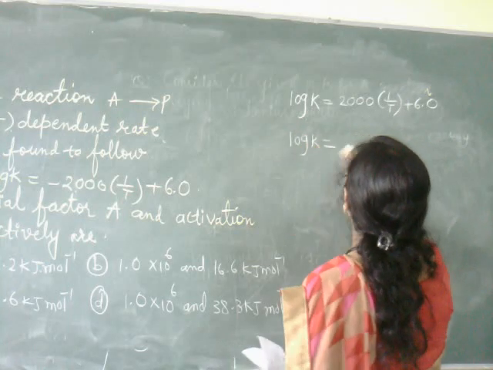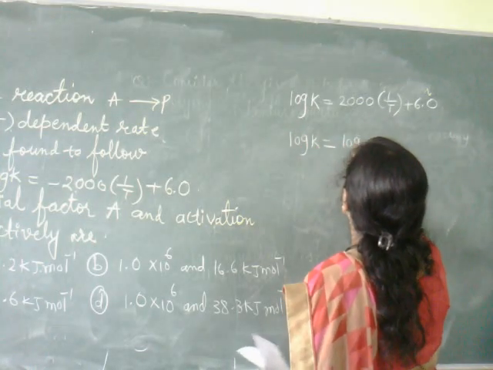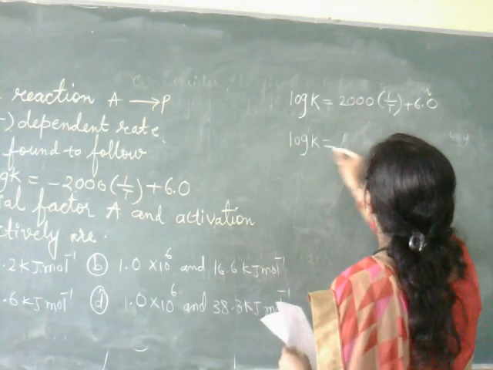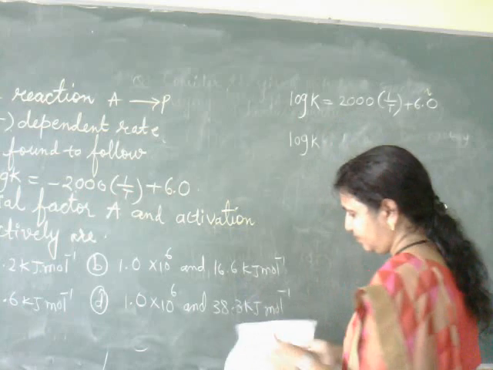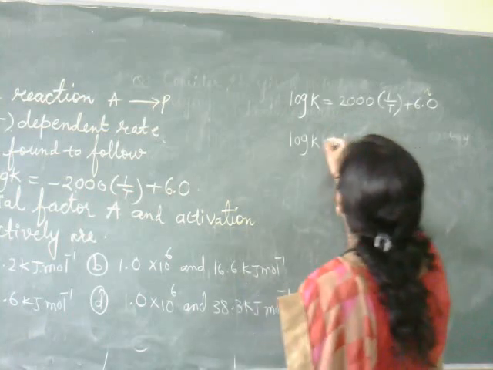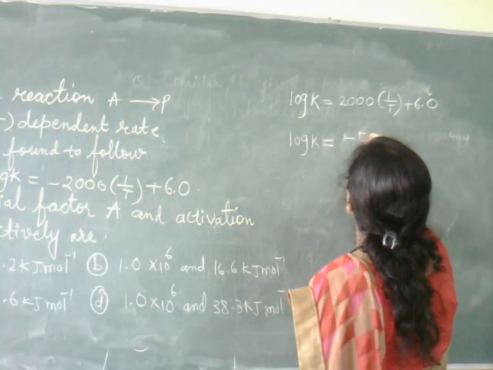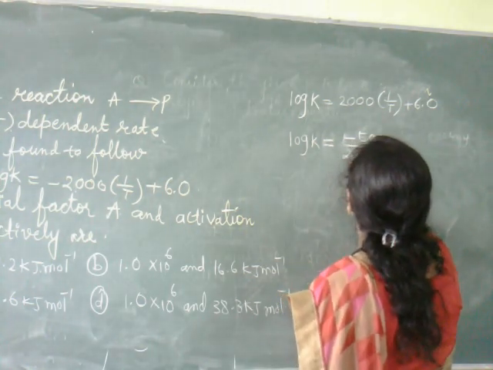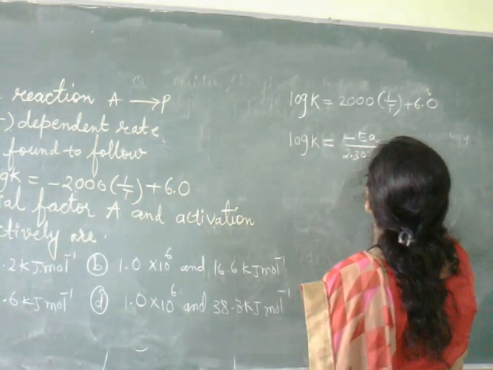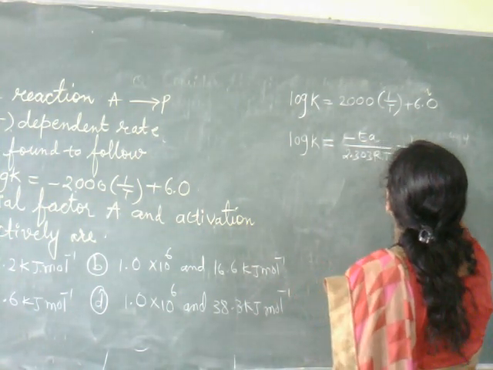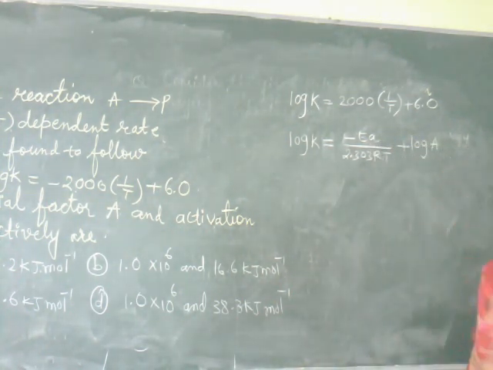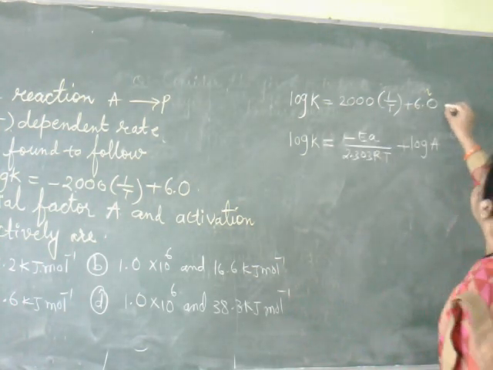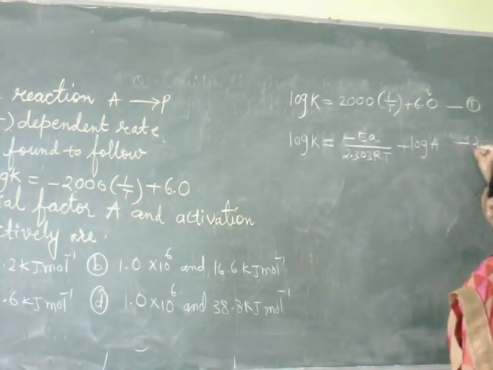Log K is equal to log A. One equation we have here. Log K is equal to minus Ea upon 2.303 RT plus log A. Another equation we have here, this one.